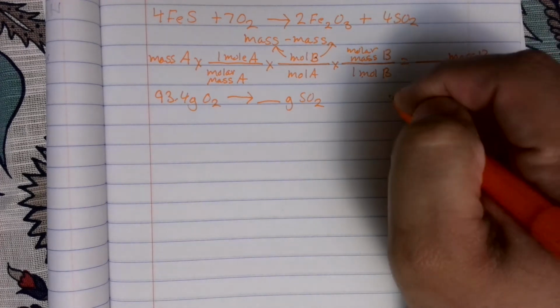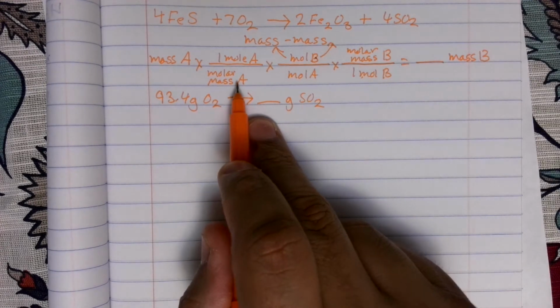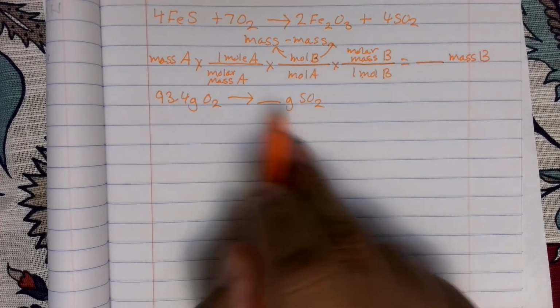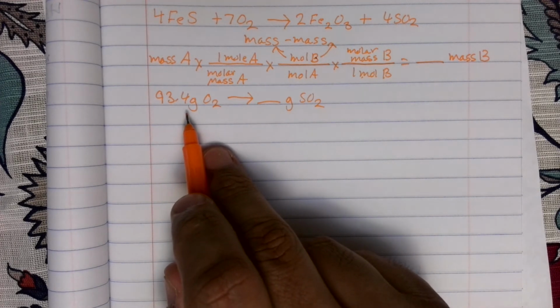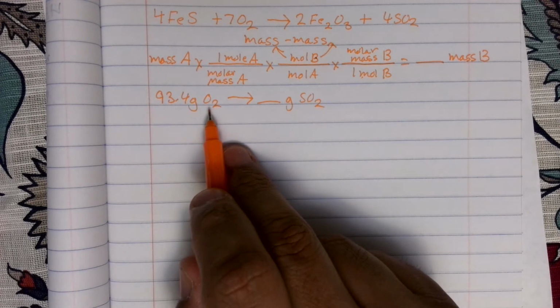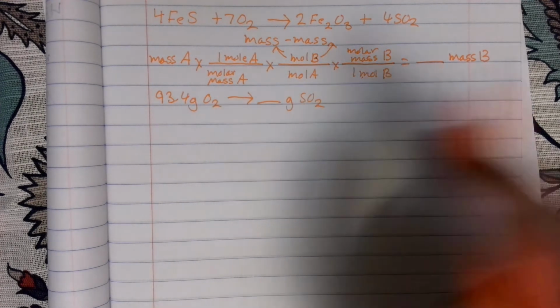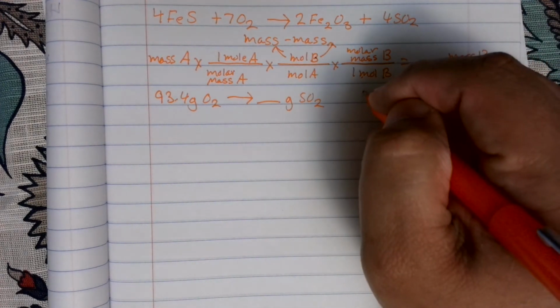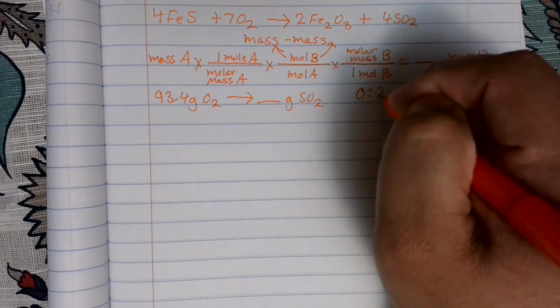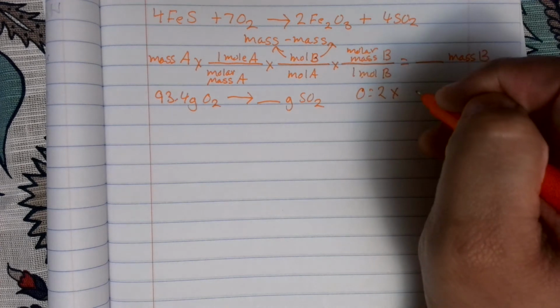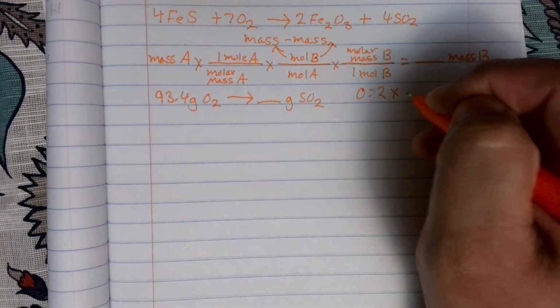So we're going to need, if you look right here, the molar mass of A. So this is A, this is B. So we should go ahead and figure out what is the molar mass of oxygen, diatomic oxygen, right? So that one we did earlier, but I'll show you again. It should be O2, or O, okay? There are 2 of them, times, and I believe that was 15.99.